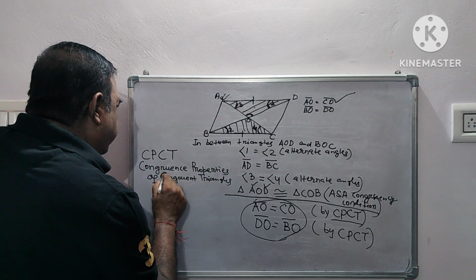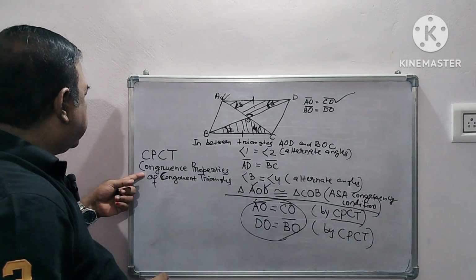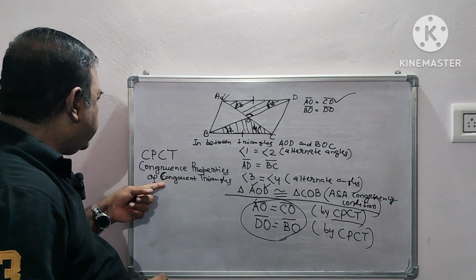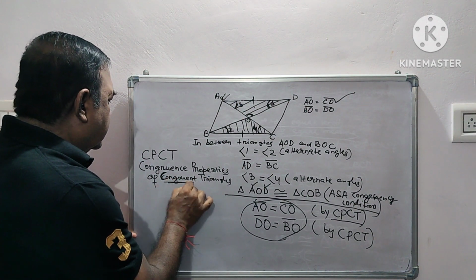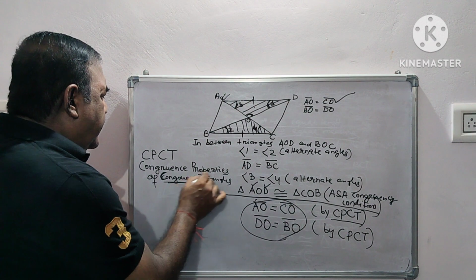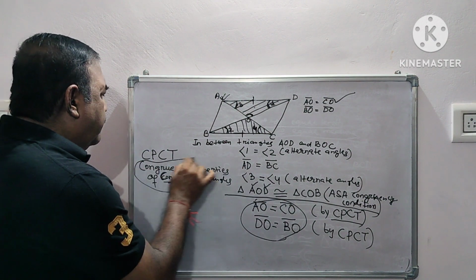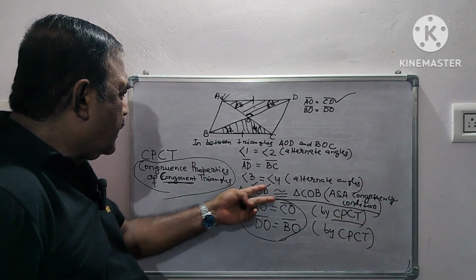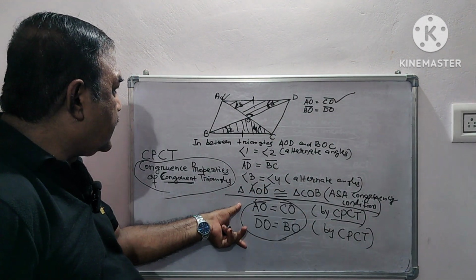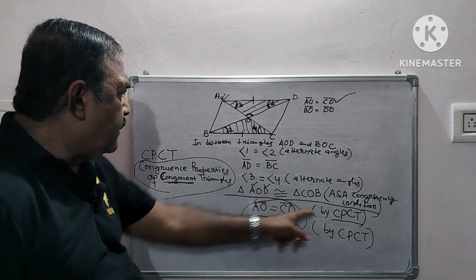This is the capital C. So C stands for congruence, P for properties, C for congruent, T for triangles. So this is the full form. So after the congruence of triangles, whatever result we got, we could prove. You can write by CP/CT.